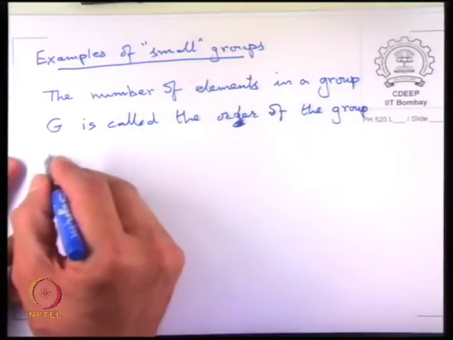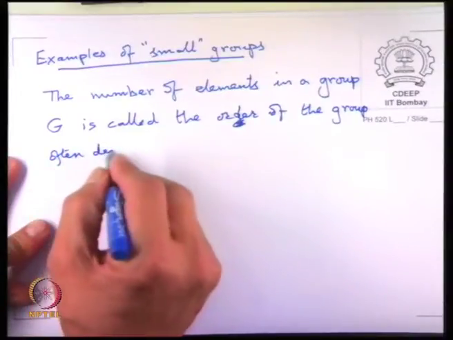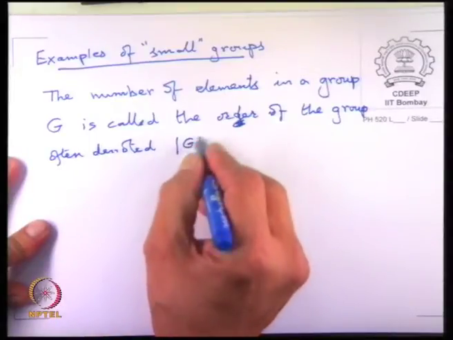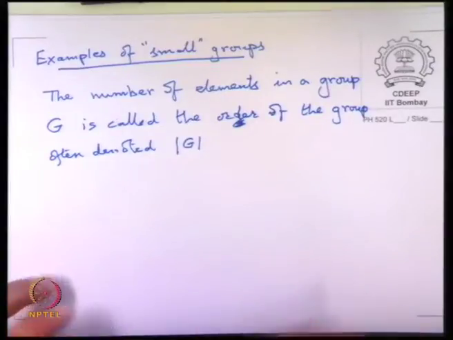And we often denote it with a modulus sign, the same symbol G which stands for the group, with a modulus sign, is used sometimes. If we explicitly know the number of elements, we may just write n or whatever the number is, but if not and we are discussing generalities, then we may just write this. So this is called order of the group.